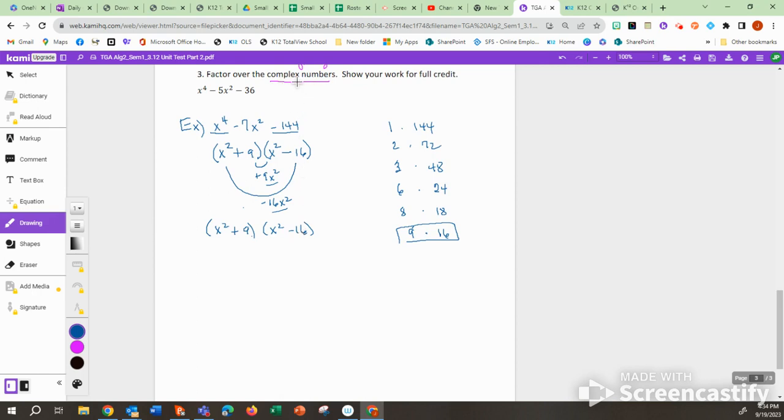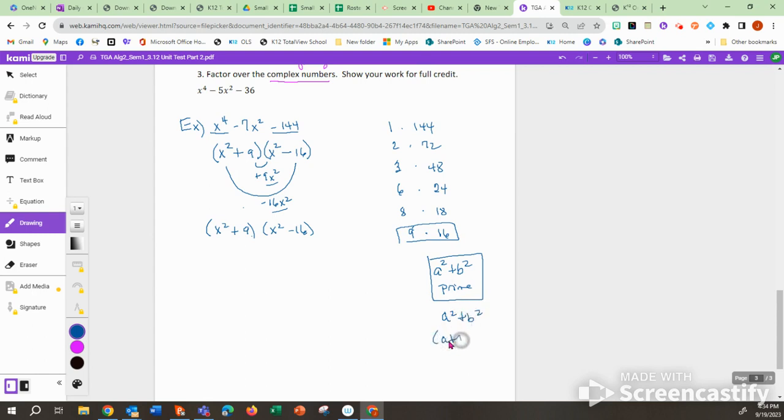Because they told me we were factoring over complex numbers, then I know instead of saying x squared plus 9 is prime, because we do say that, if we have the sum of squares, I've told you that that is prime. If they tell me that I can use imaginary numbers, then I have a formula for factoring the sum of squares.